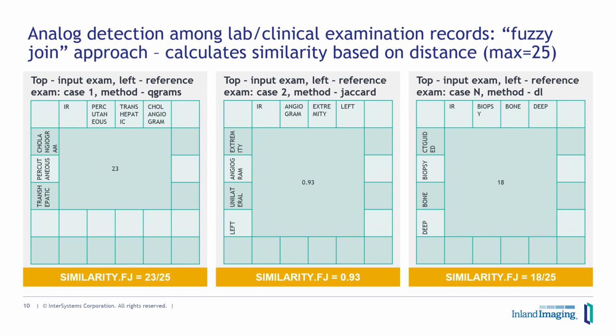If we consider the maximum distance, the maximum number of characters that we in principle take into analysis, as 25, then if there is only a 2 character difference between the input and the reference, the similarity score will be 23 out of 25. It's quite a high score. There is another approach which is slightly more detailed.